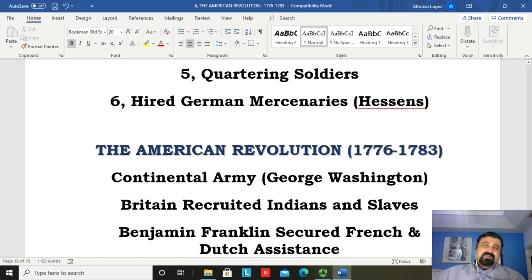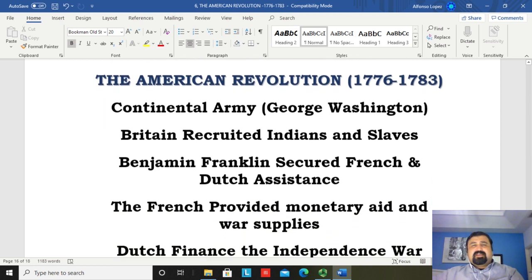So that was considered also another offense, if you will, of the British Parliament and the King against the colonies that justified, of course, the action towards independence and revolution.